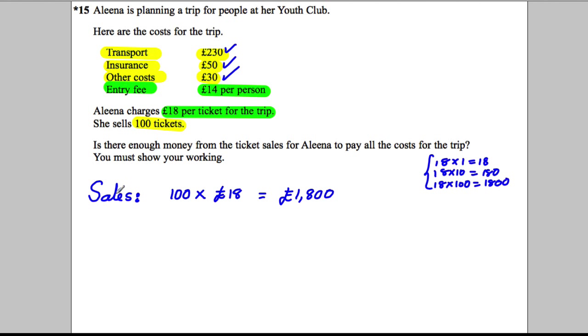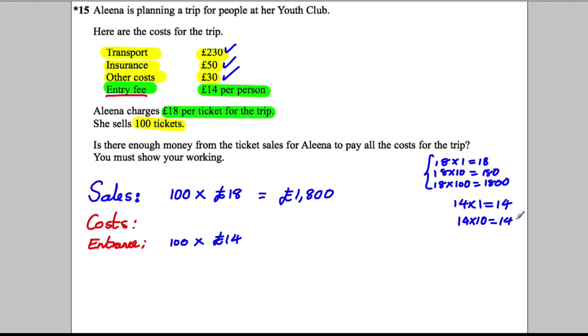Now let's go for costs. Let's deal with the entrance fee costs. So we're dealing with costs in total, and let's deal with each one. So firstly, entrance fees. Well, it's £14 per person. So it's 100 people multiplied by £14. Again, if you're making mistakes, 14 multiplied by 1 is 14, 14 multiplied by 10 is 140, and 14 multiplied by 100 must be 1,400, isn't it?